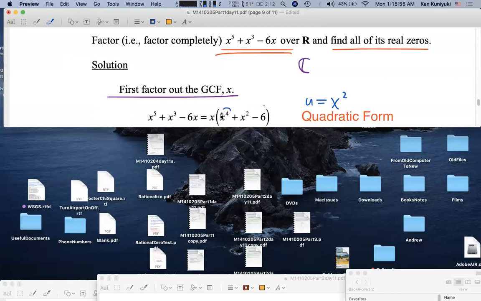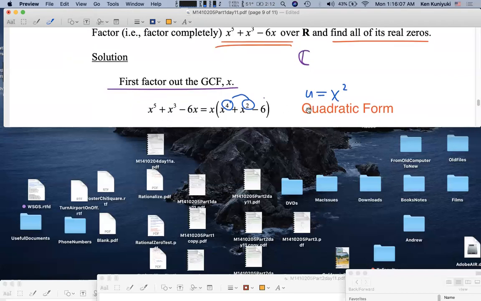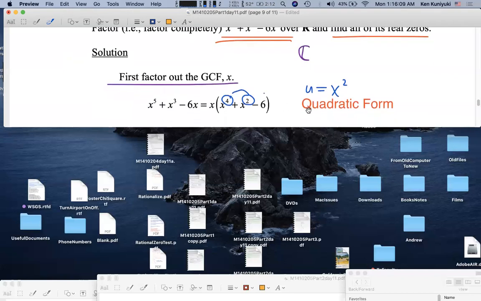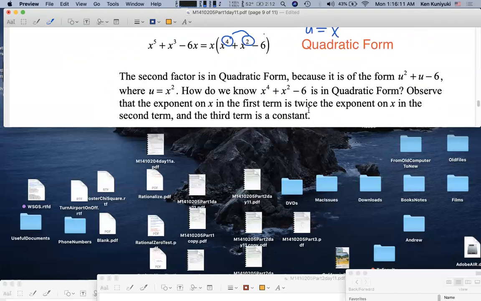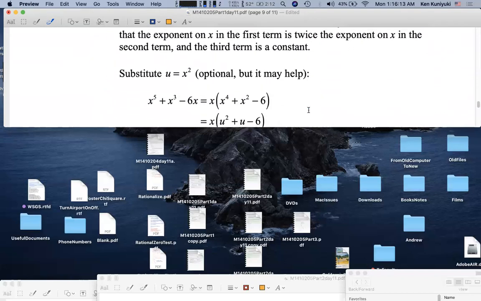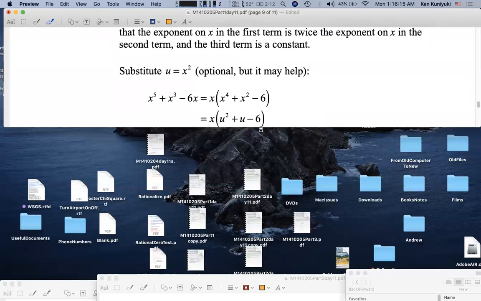Notice that the leading exponent, the 4 here, is twice this exponent, the 2. And then negative 6 is a constant term. So when you apply this substitution, we end up with x times the quantity u squared plus u minus 6.